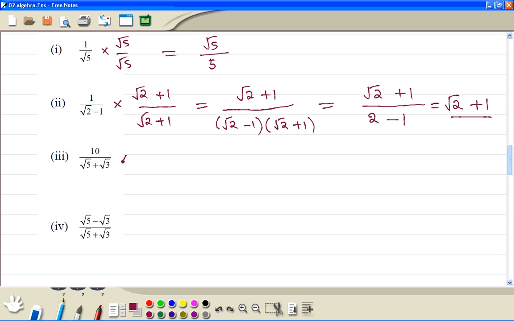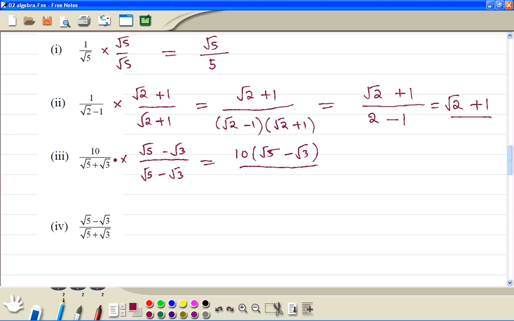Number 3, we're going to multiply top and bottom by root 5 minus root 3 and divide by the same thing. On the top we have a 10 and bracket root 5 minus root 3.